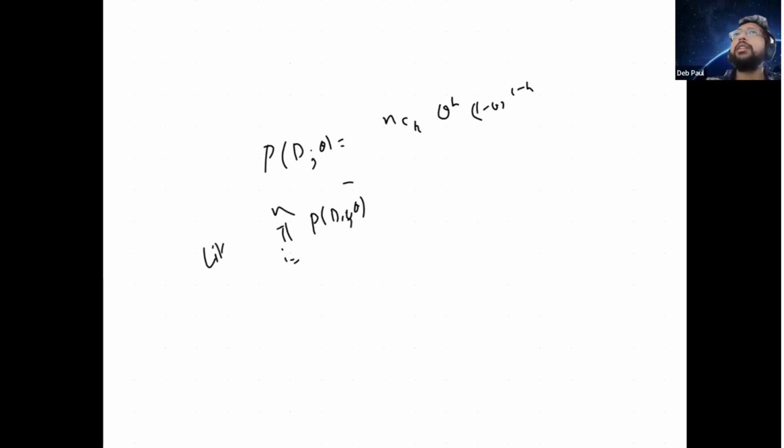Because it's a product, and no one likes a product, we take a log of this, and then this becomes the log likelihood. I don't like writing all this math, so let me go to the lecture notes, where I think we have all of this computed.